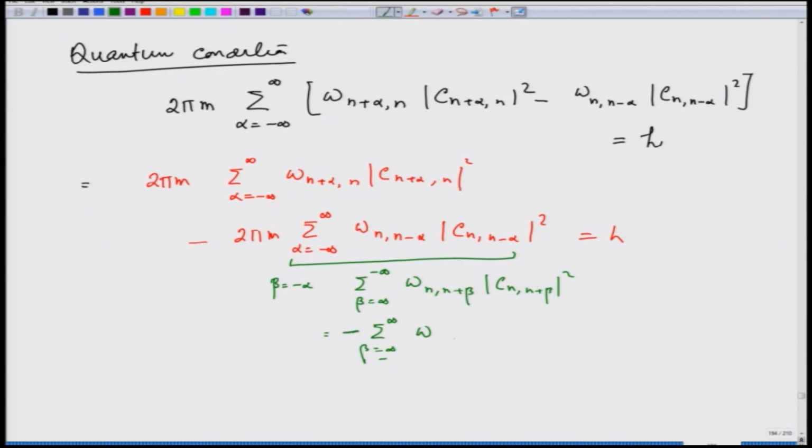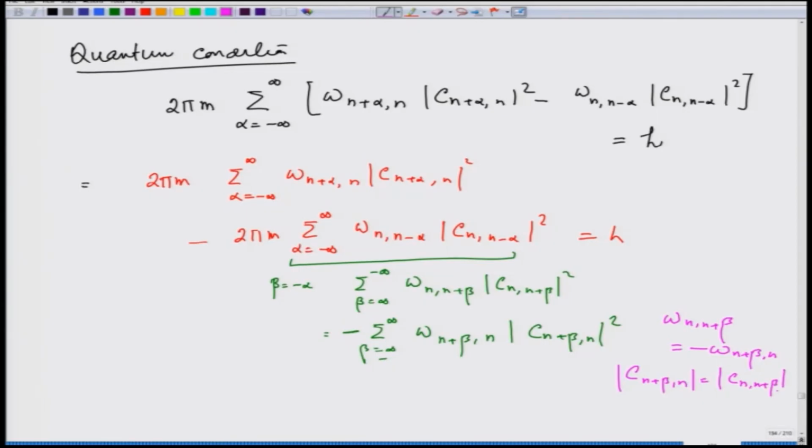I will change it to omega n, n plus beta modulus c n, n plus beta mod square. I could do this because omega n, n plus beta is minus omega n plus beta, n, and c n, n plus beta modulus is the same as modulus c n plus beta, n.